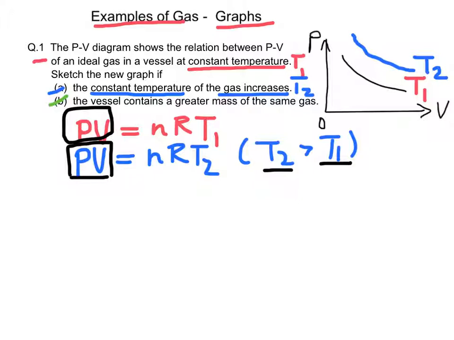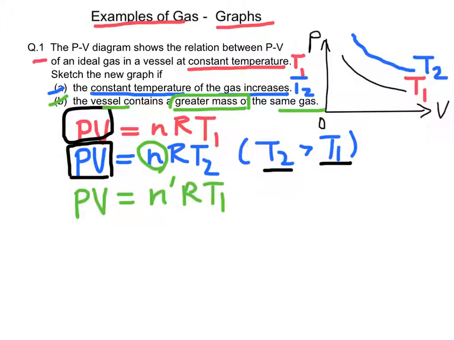For part B, if the vessel contains a greater mass of the same gas, that means the number of moles of the gas increases. Therefore, the new graph becomes PV equal to n prime RT1. But n prime is larger than n. The number of moles of gas increases because the mass of the gas increases.